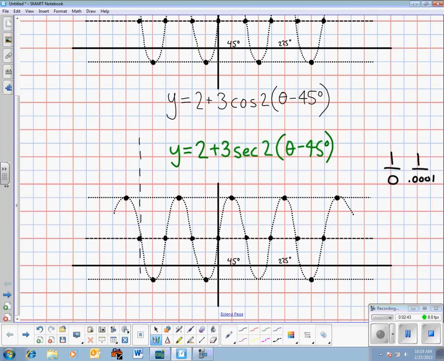in your secant graph. Okay, so start by drawing the cosine, or if you're trying to draw a cosecant, you'll start with sine. And wherever your graph touches the sinusoidal axis, just draw a vertical asymptote at that x value.